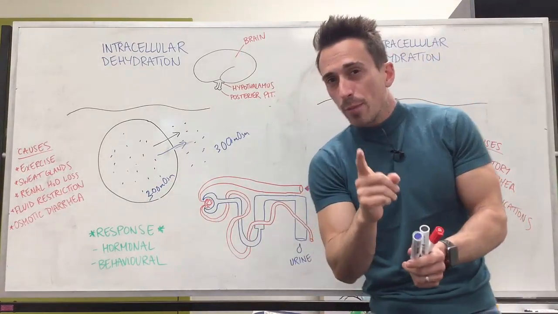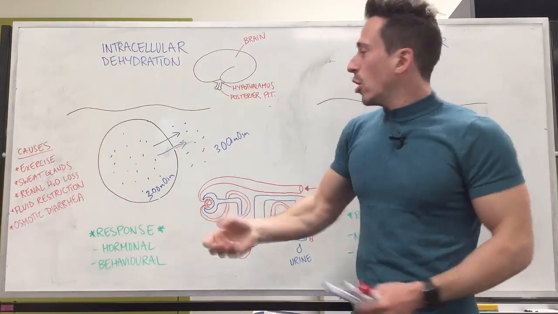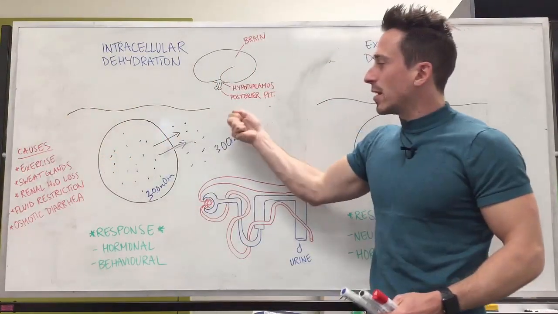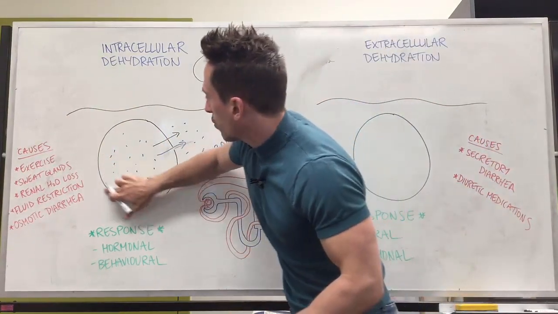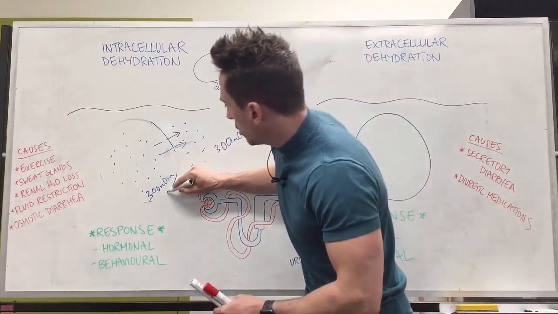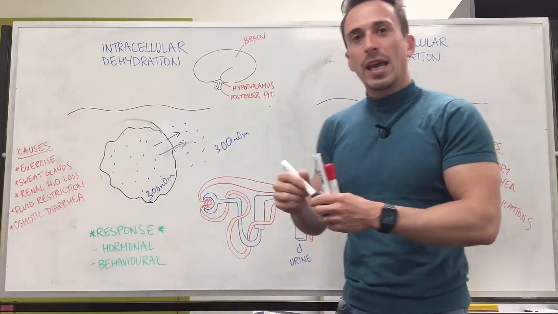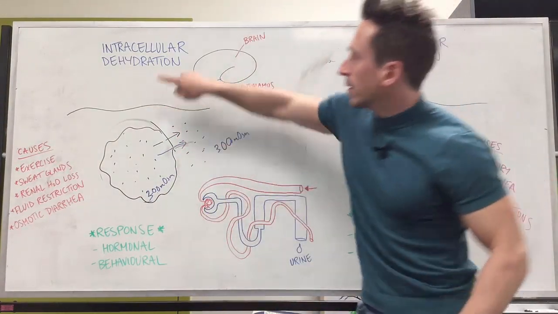But think about what's happened. Through exercise and sweating, water has been taken out of our cells, and those cells begin to shrink. When these cells shrink, that means you get intracellular dehydration. Intracellular dehydration. That's what it's called.